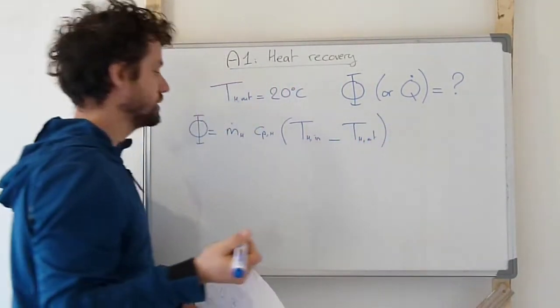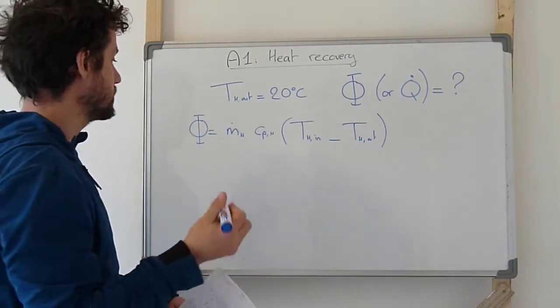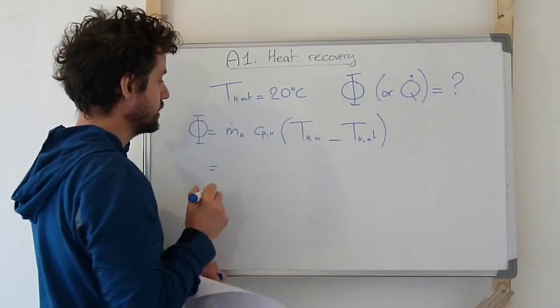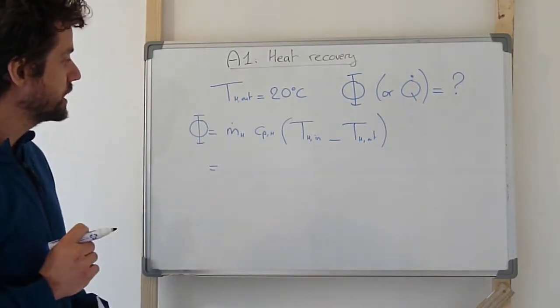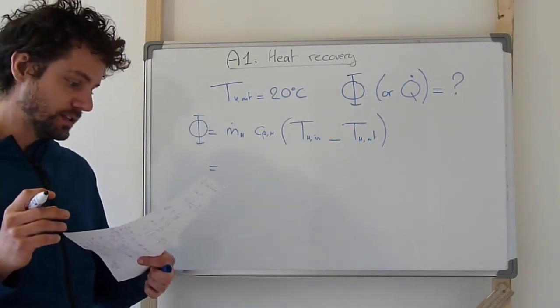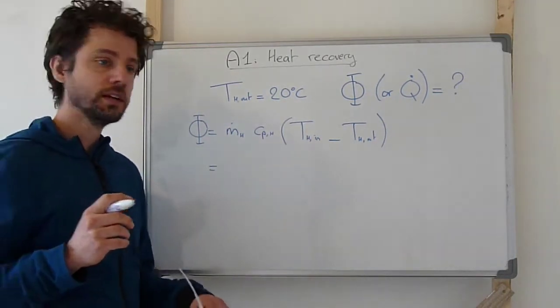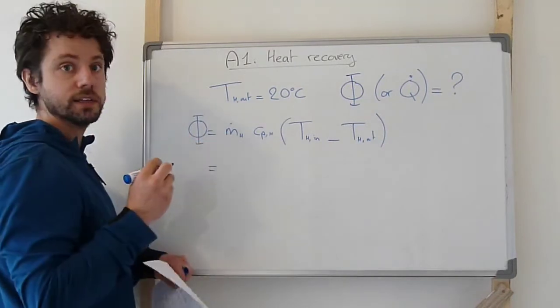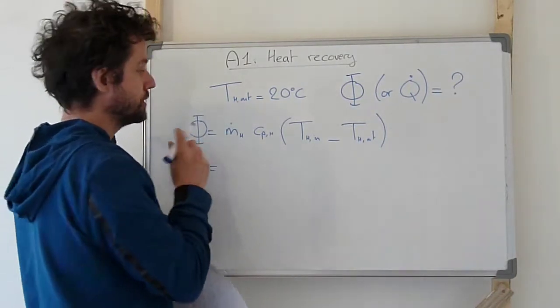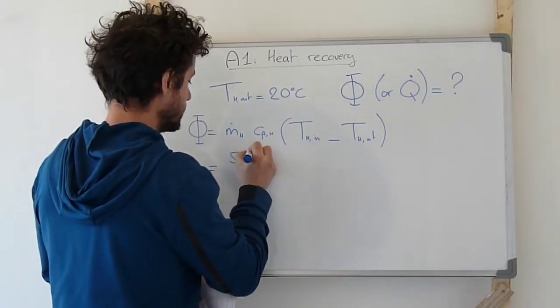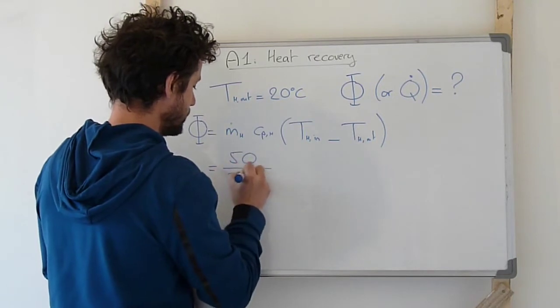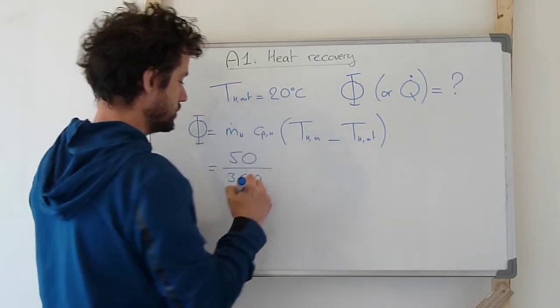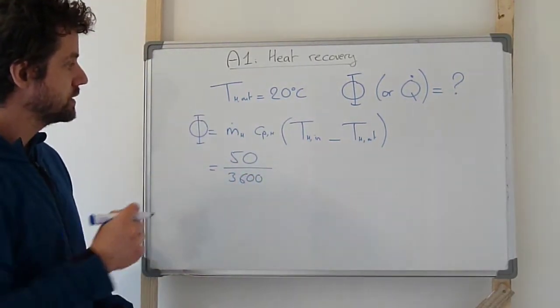And then once you have written this, you just apply the calculation. The mass flow rate of hot gas is given at 50 kilograms per hour. We want SI units because we want to find watts at the end, so you divide by 3,600 to have seconds.